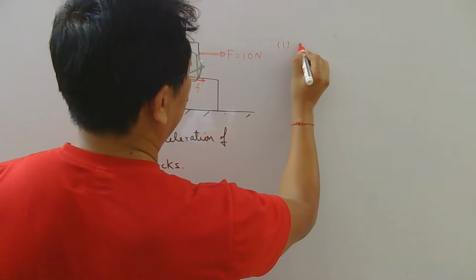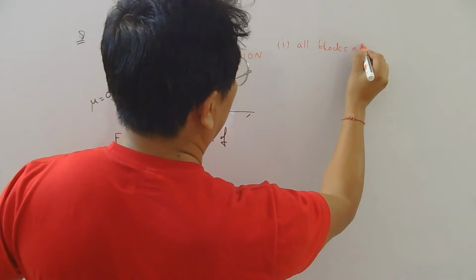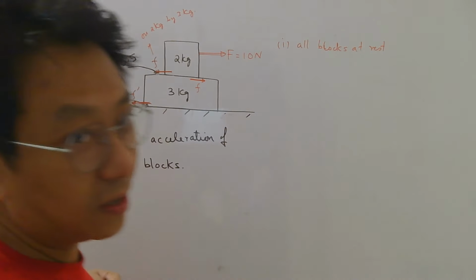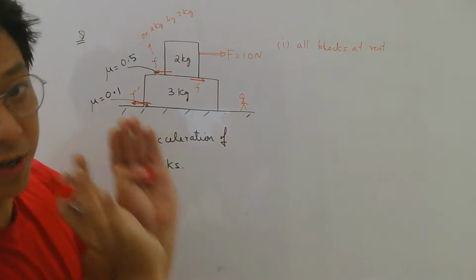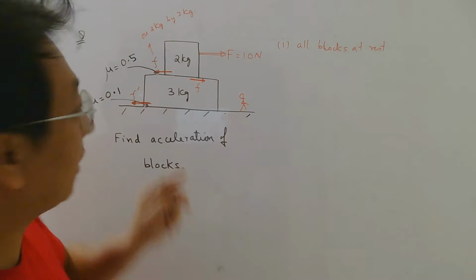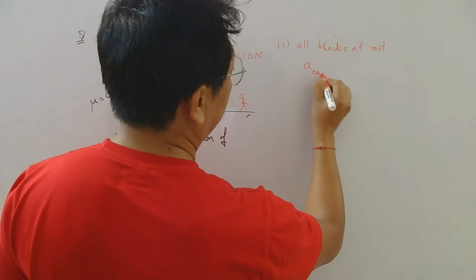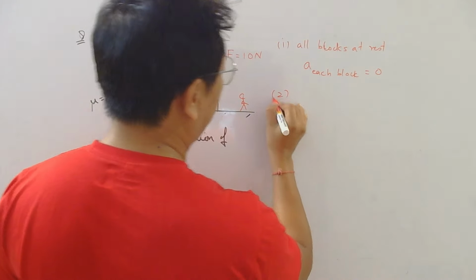So the first possibility is all blocks are at rest with respect to the ground. When I stand here and see, I see all of them at rest. Then it means the acceleration of each block is 0. This is the first thing that may happen.